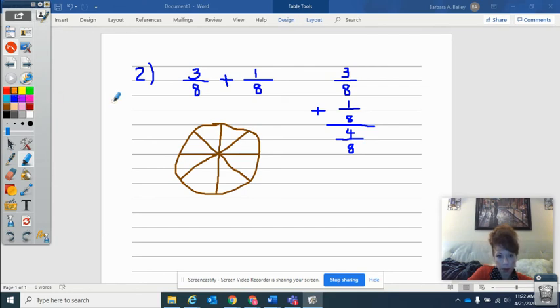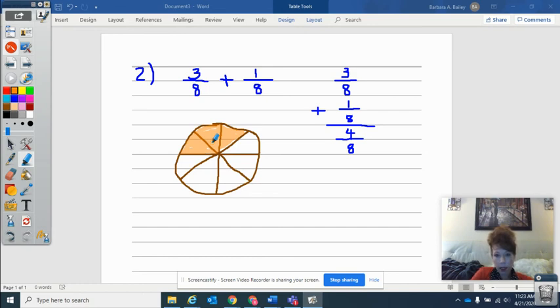I'm going to shade 3 out of 8. All right, so I've shaded 3 out of 8.